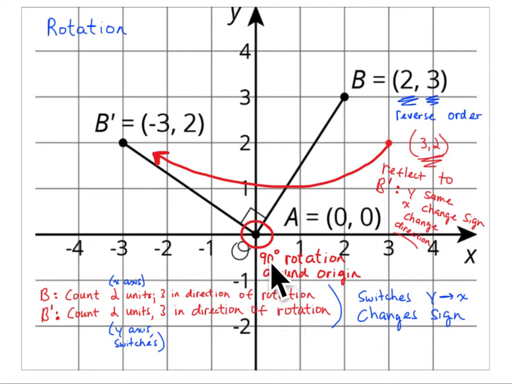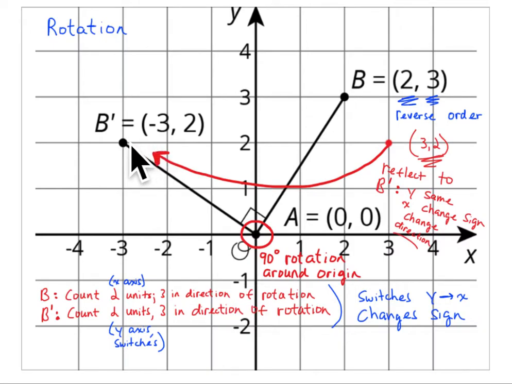You count 2 units along the y-axis, 1, 2, and then 3 units in the direction of rotation, 1, 2, 3. But to get to B prime, notice that you're going to count 2 units along the y-axis. So now it switches. So those 2 units were along the x-axis, and now they switch to 2 units along the y-axis. So you count 2 units along the y-axis, and then 3 units in the direction of rotation.